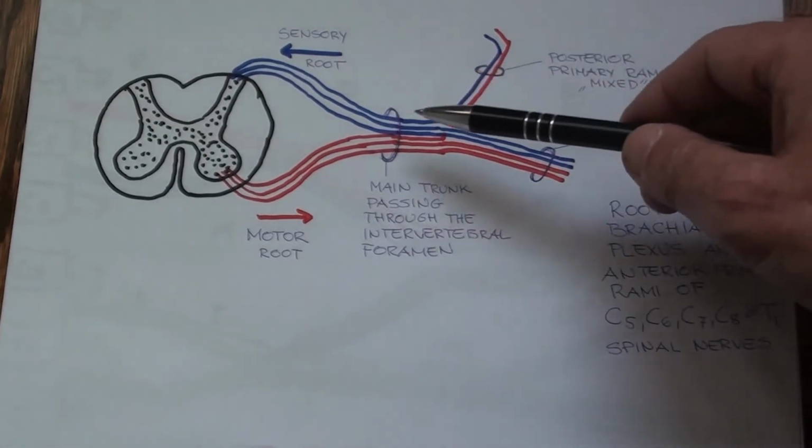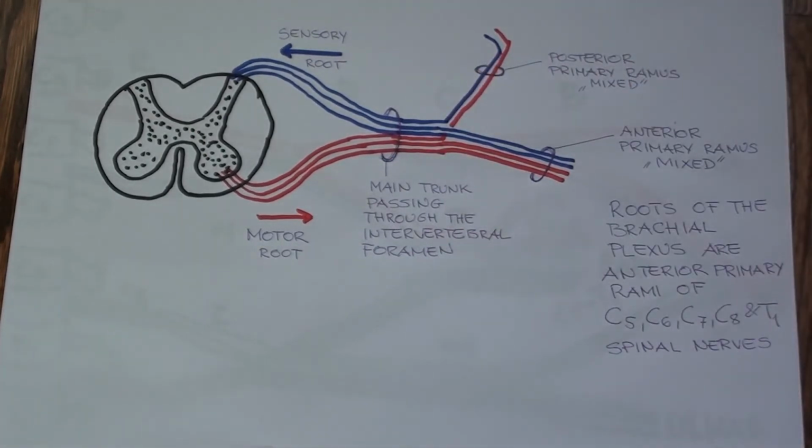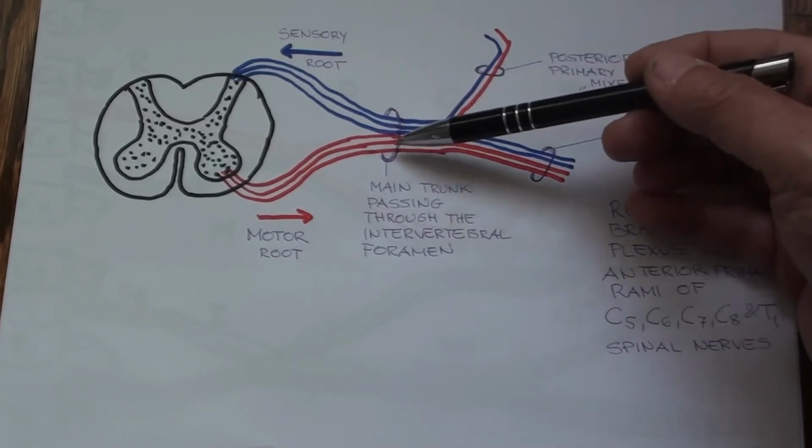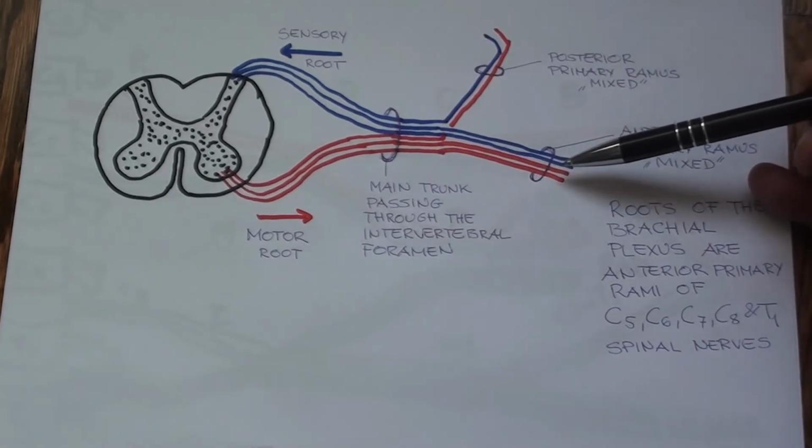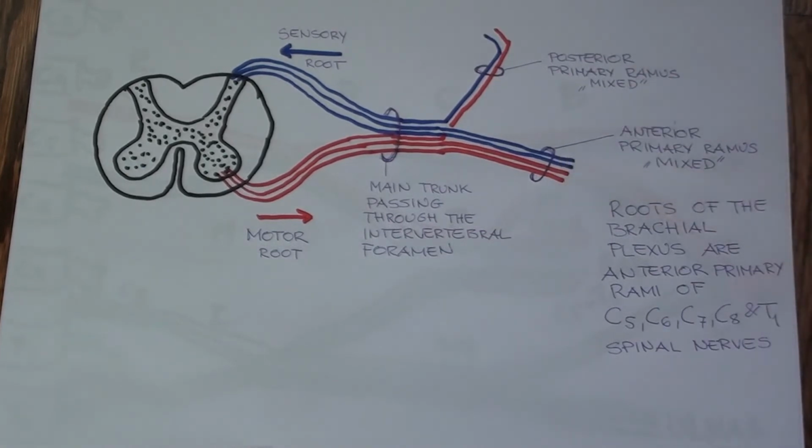It is the main trunk of a spinal nerve, which comes out of the intervertebral foramen, after which it divides into posterior and anterior primary rami.